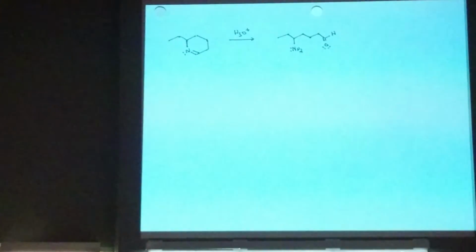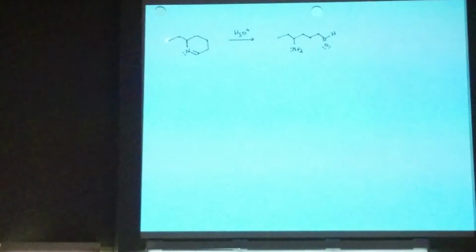Let's see how things change. First of all, where do you think the oxygen in the product must come from? Water. Yeah, you're working in aqueous acid, H3O plus, you consume your water. So water must have been the source of that oxygen.